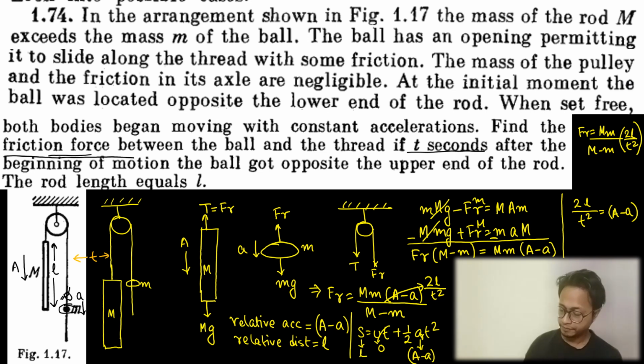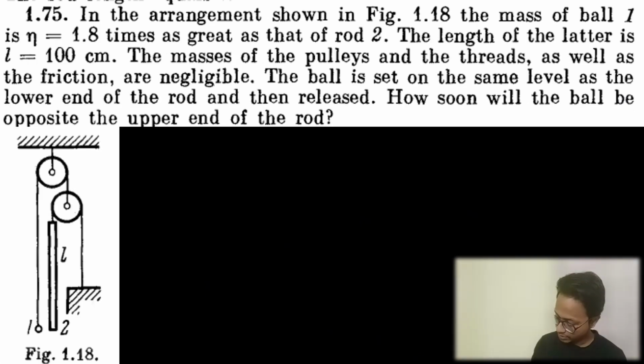Understood? Now what this question is saying is that there is a ball connected to a rope, and this pulley is connected to a rod of mass m. The ball connected out here has mass n times m.